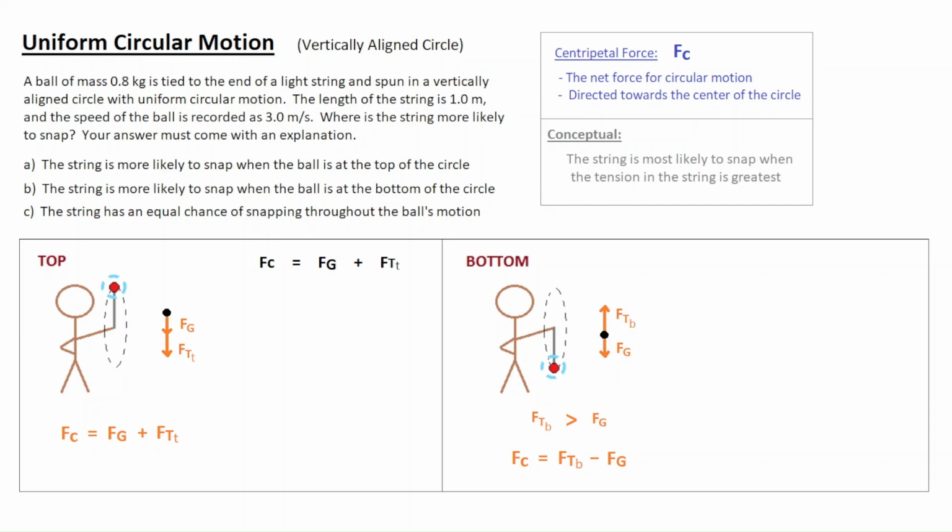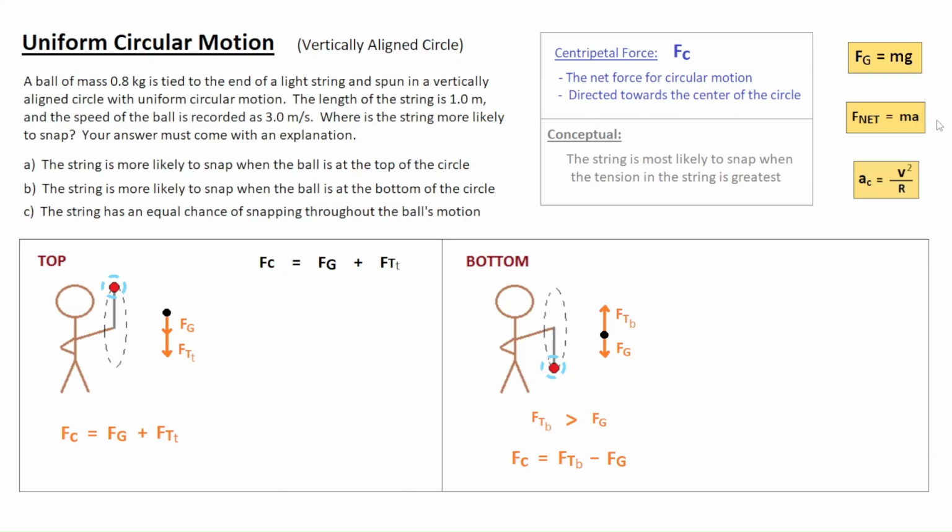Here I'm just isolating the equation that we've already written for the ball when it's at the top of its path. In order to solve for the tension force at this location, I will need values for both Fc and Fg. So I'm going to go to the formula sheet and pick out a few equations that can help. For the Fg variable, I might use the weight equation. Remember that centripetal force is a net force, so I might start with Newton's second law, but recognize that this is a centripetal acceleration.